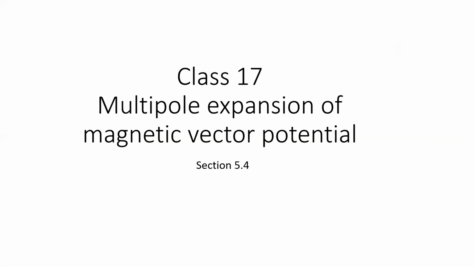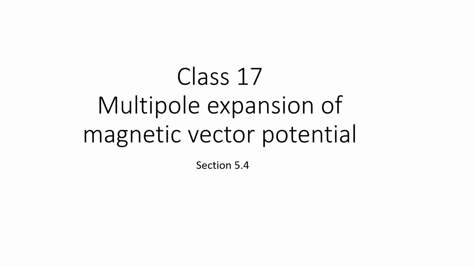After we've defined the magnetic vector potential, we're going to define an expansion of it that makes it more convenient to use and is analogous to the multipole expansion of the electrical potential that we defined a number of classes ago.